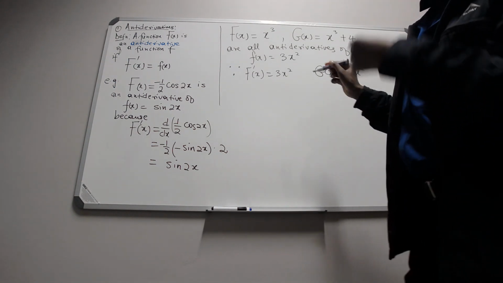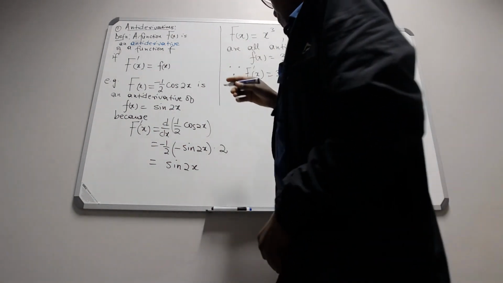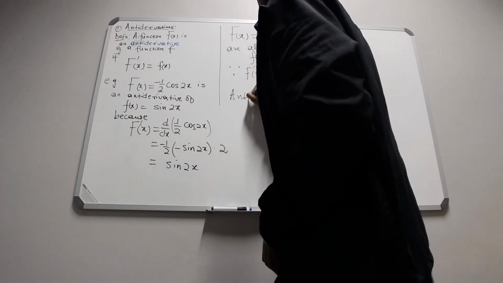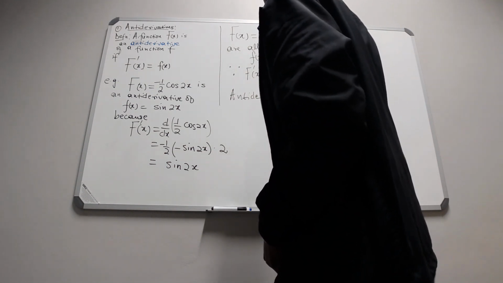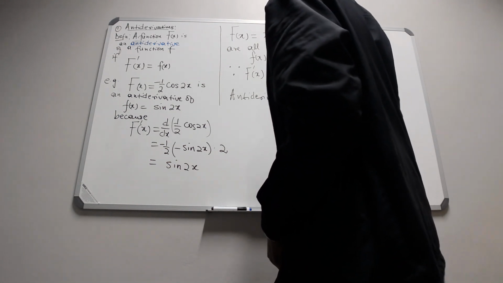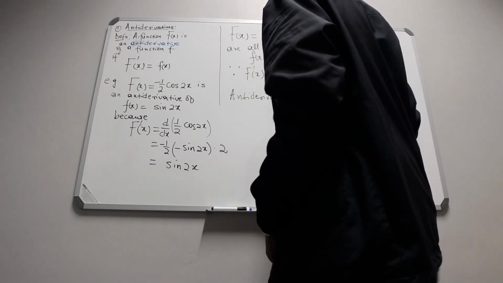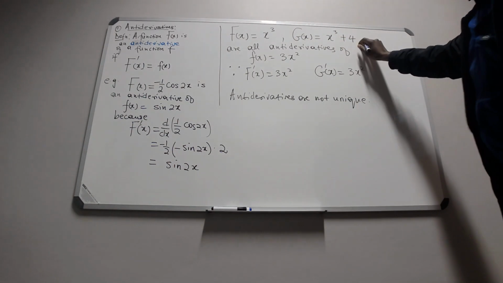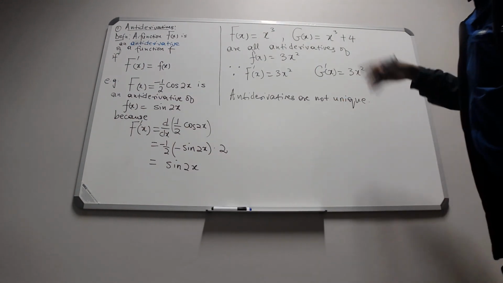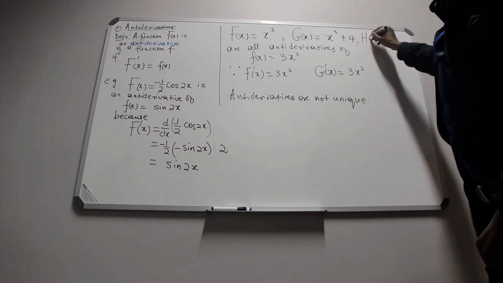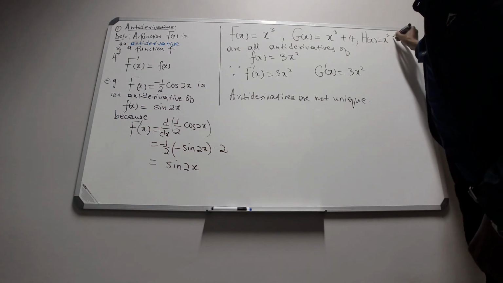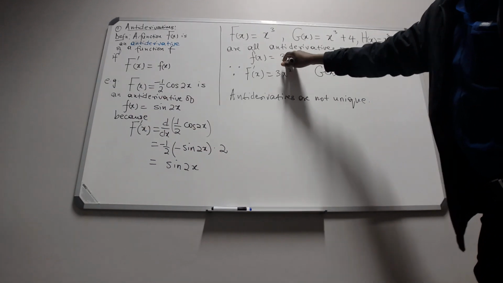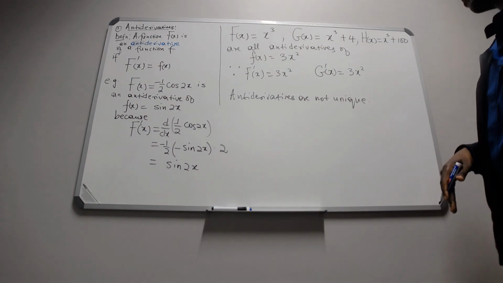So in other words, we are saying that antiderivatives are not unique, because you can have g of x equal to x cubed plus 3, and similarly x cubed. You can even have h of x equal to x cubed plus 100, which is still an antiderivative of small f of x.